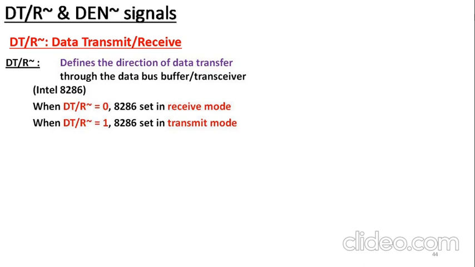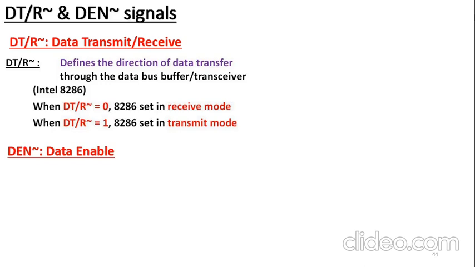So whenever this composite signal is 0, that data bus transceiver will be set in the receive mode. And whenever this composite signal is equal to 1, then this data bus transceiver will be set in the transmit mode. It means that the direction of data transfer will be governed by this particular signal here.